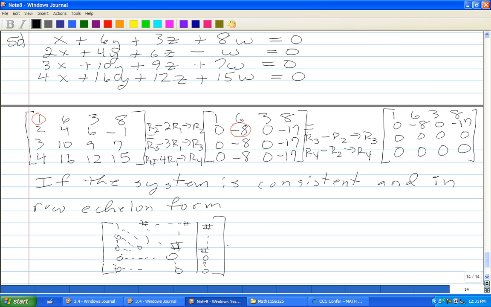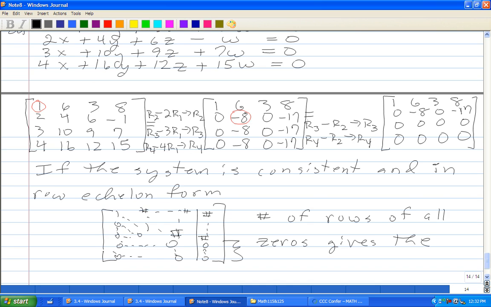So if I have a whole bunch of rows of zeros at the bottom, and if the system's consistent, the number of rows of all zeros gives the number of parameters.